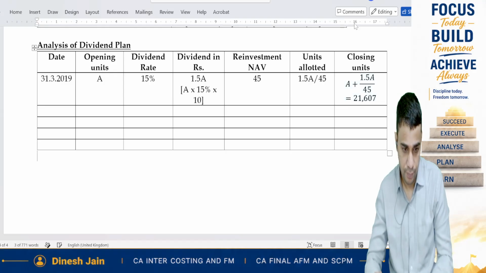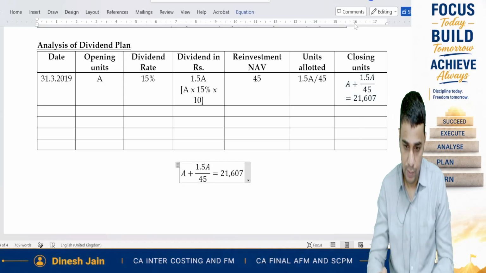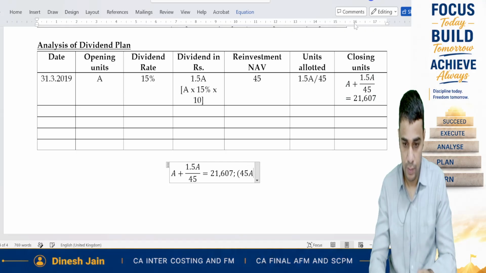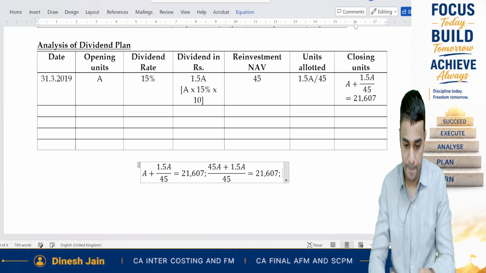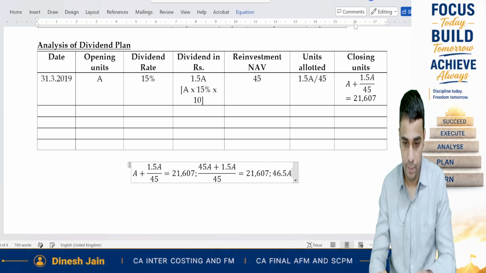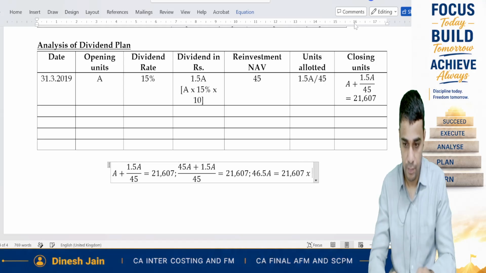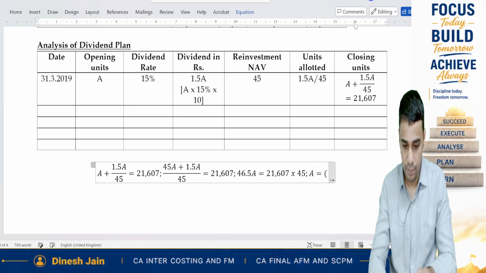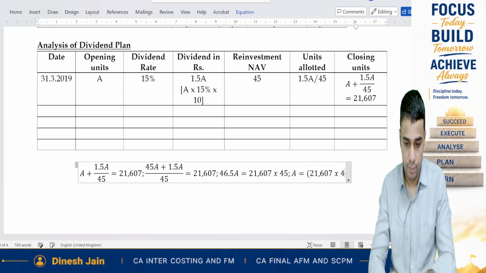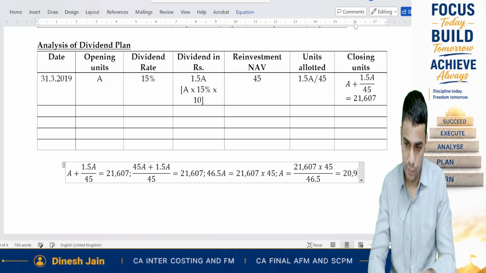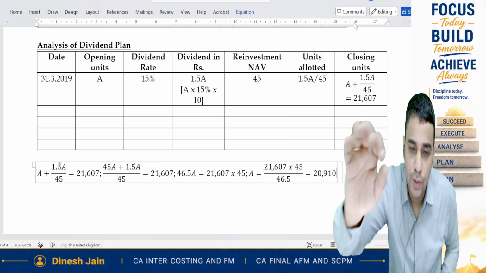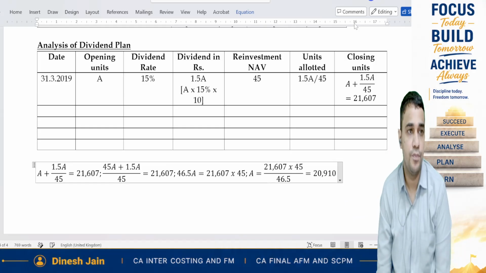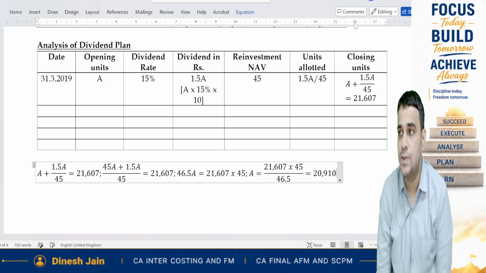Come down. Divided by 46.5, we get 20910.